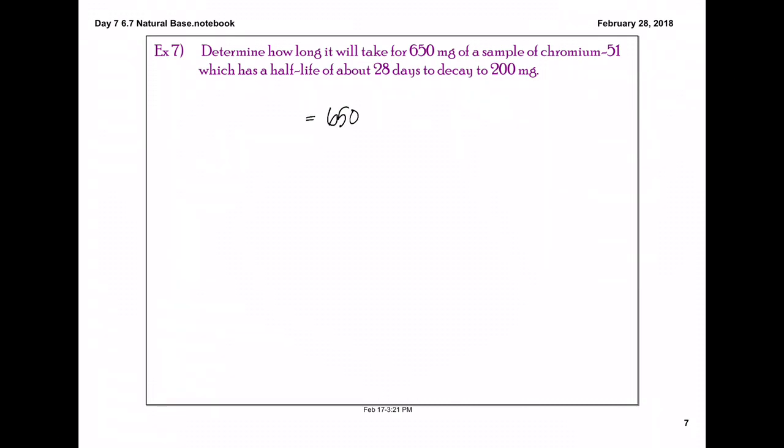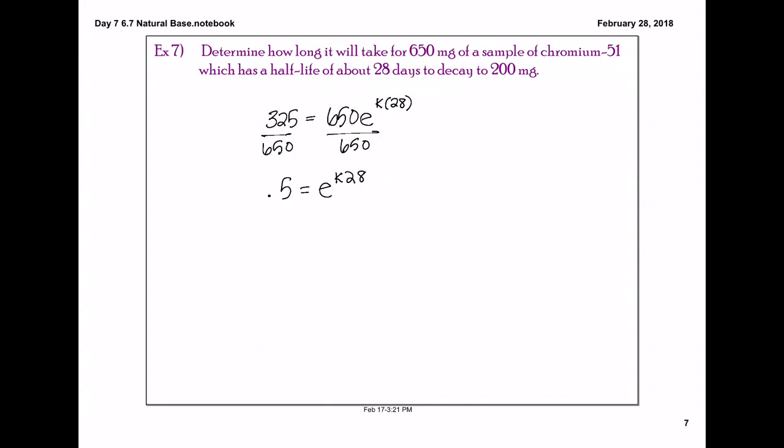So when is it going to be 325, because we're solving for our constant, e to the, our constant we don't know, but our time is 28 days. So then we can divide by 650. So 325 divided by 650 gives us 0.5, e to the K times 28.